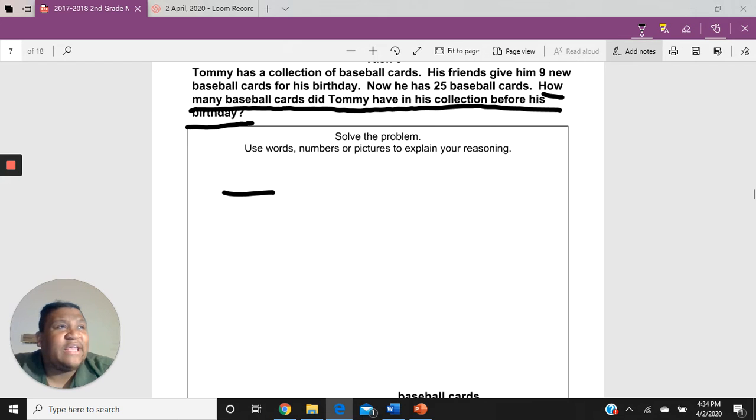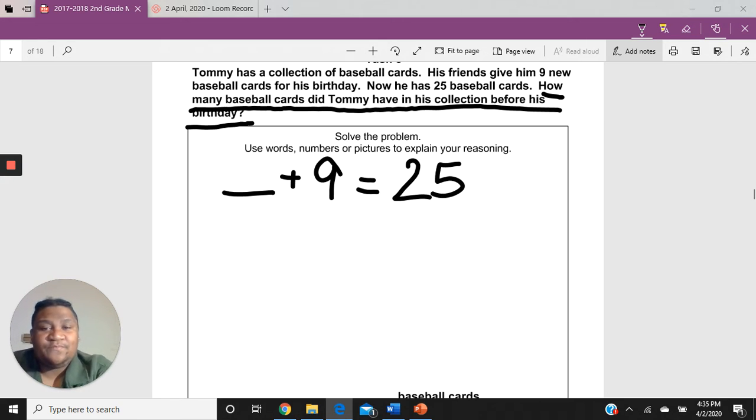All right, so if his friend gave him some, I think that's going to add more to his collection. So I am going to use an addition operation. So plus 9. Now he has 25 baseball cards. So blank plus 9 equals 25 because that is how much he had when he started his birthday.